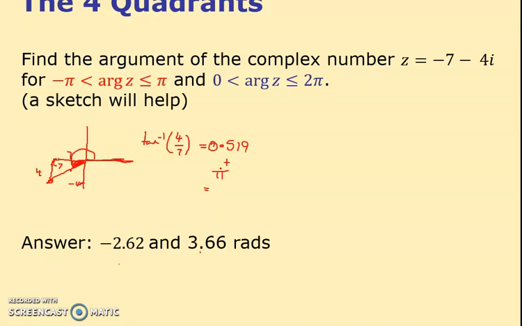So if I add pi on, I get 3.66, which of course is the answer they've given me. But an alternative is to do this method, and to do that I do theta minus pi. So it was 0.519 minus pi, and that gives me minus 0.262, which is this one.